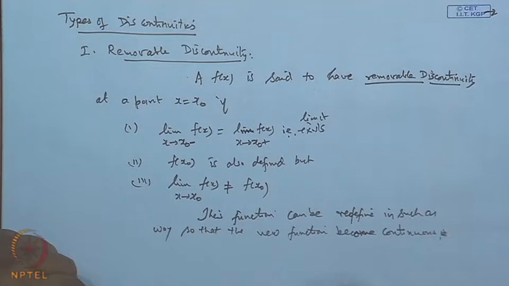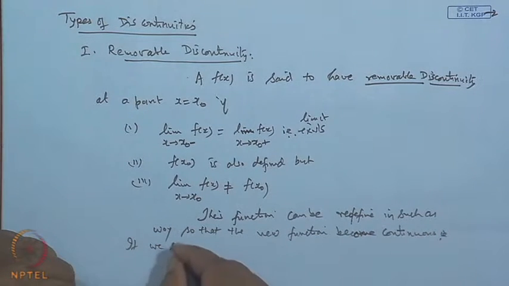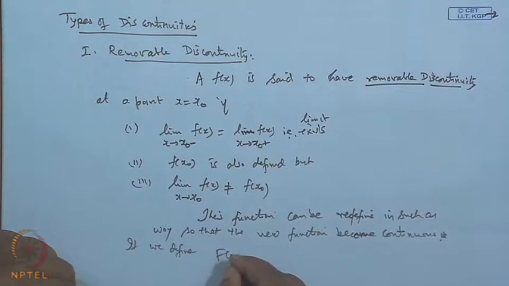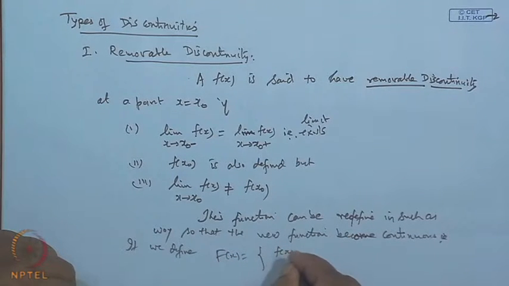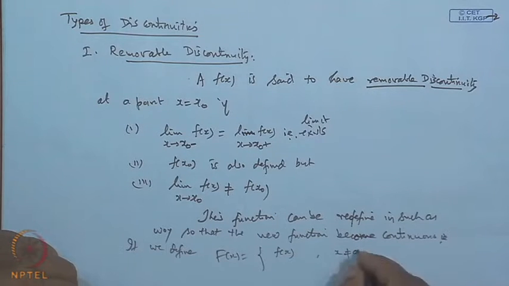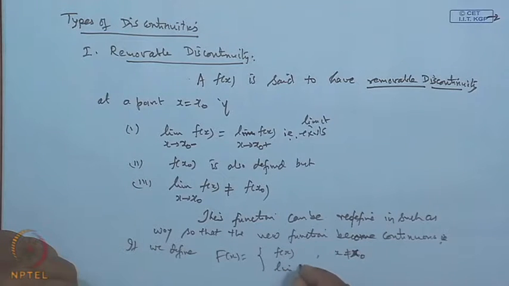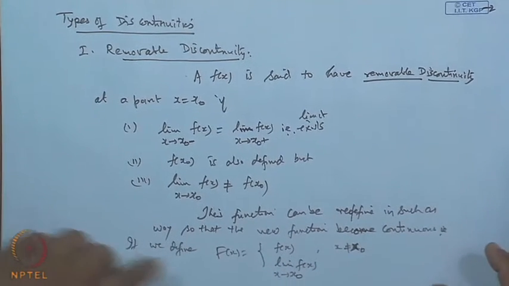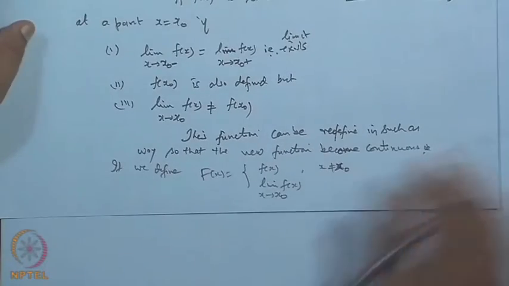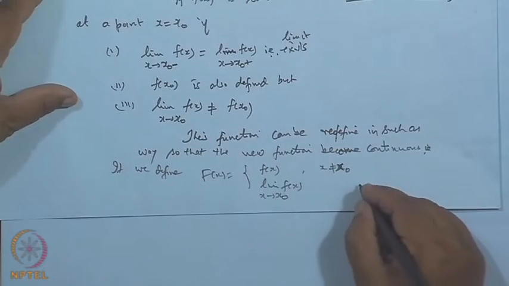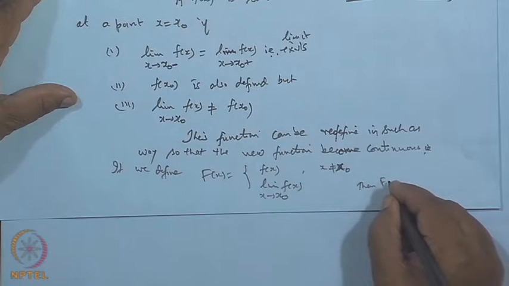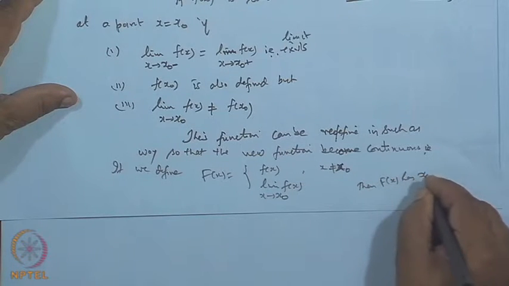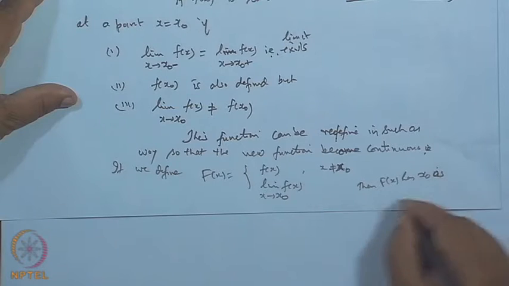That is, if we define capital F(x) as our small f(x) when x is different from x naught, and equal to the limit of the function f(x) when x tends to x naught, then the new function F(x) so obtained will be a continuous function. Then F(x) has x naught as a continuous point.